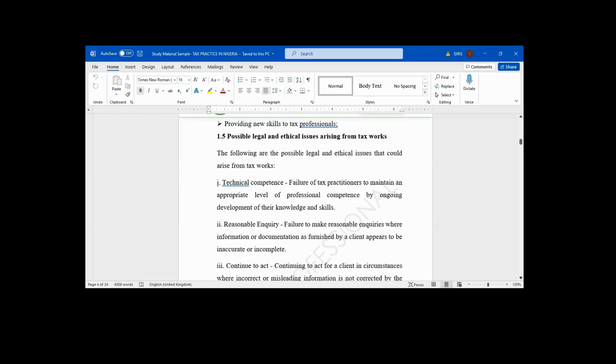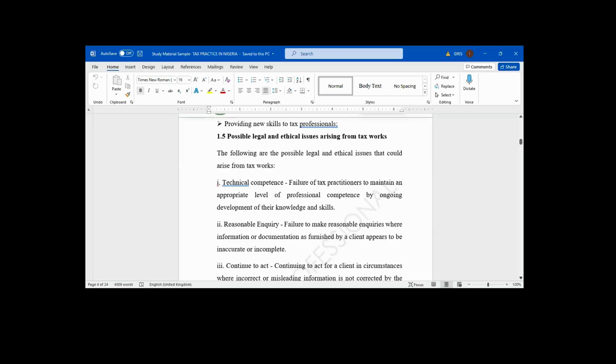One of the ethical issues that you may face is failure of the tax practitioner to have technical competence, to maintain an appropriate level of professional competence. This one is called technical competence.